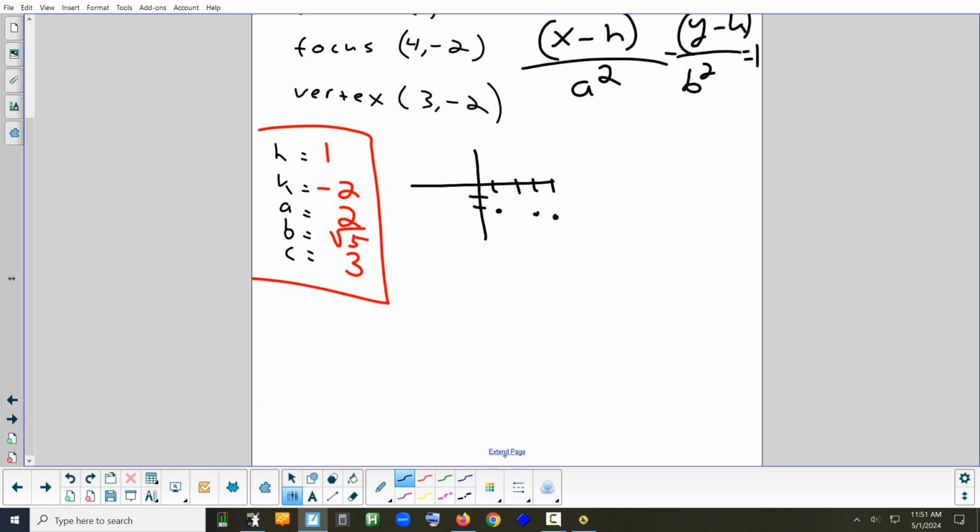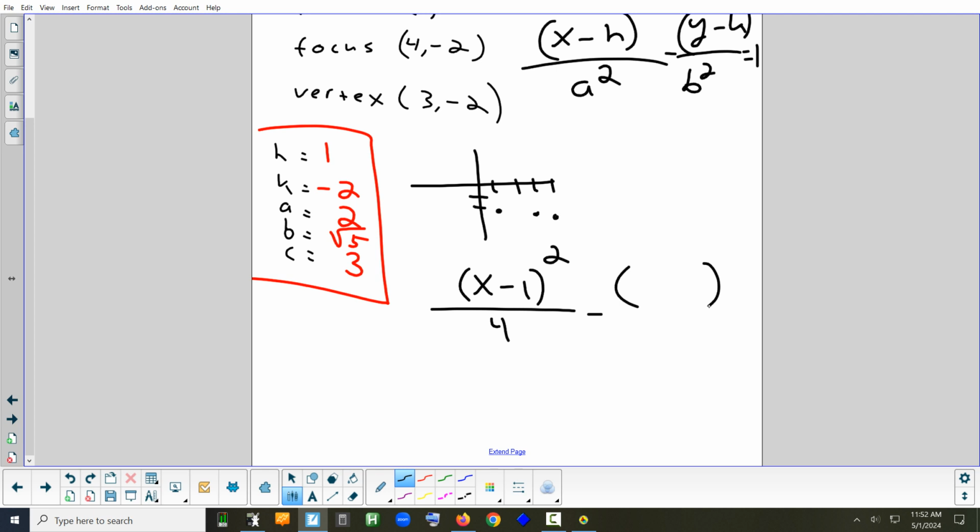All right, let's write our equation. Okay, so it's going to be x minus 1 squared. What's my denominator going to be for the first one? 4. Okay, what's going to go in parentheses in the second numerator?